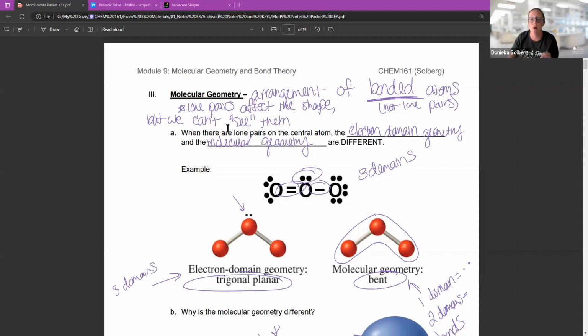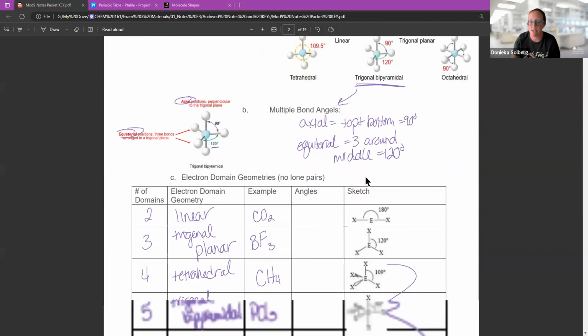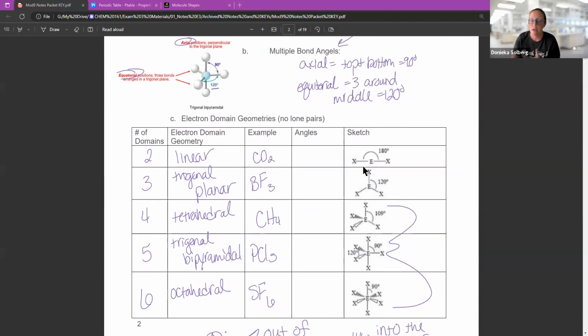Okay, so when there are lone pairs on the central atom, the electron domain geometry and the molecular geometry are different. If there's no lone pairs, however, the electron domain geometry and the molecular geometry are the same. So if it's all bonds, then whatever their electron domain geometry, it's linear.